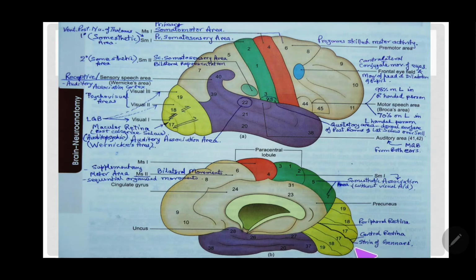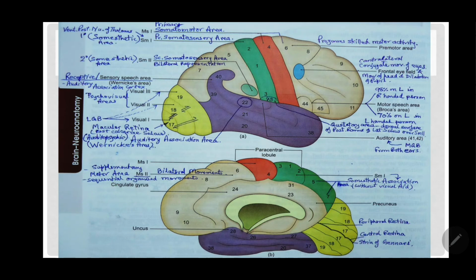That means the lower half of the retina is represented on the inferior surface of the calcarine sulcus, and fibers representing the upper half of the retinae relay onto the upper surface of the calcarine sulcus. And don't forget that the lower half of the retina represents the upper half of the visual field, and the upper half of the retina represents the lower half of the visual field.